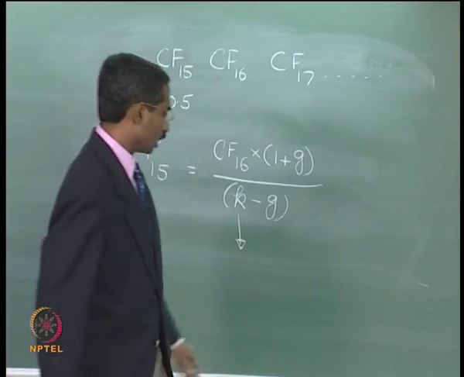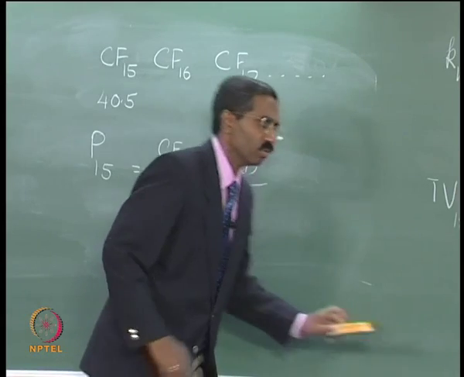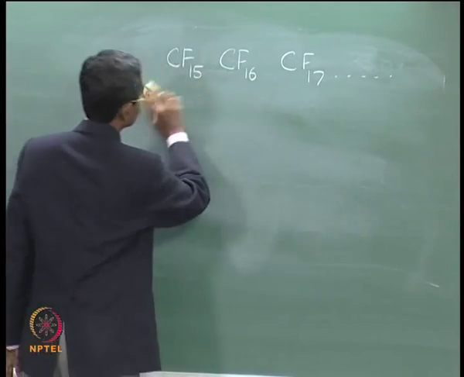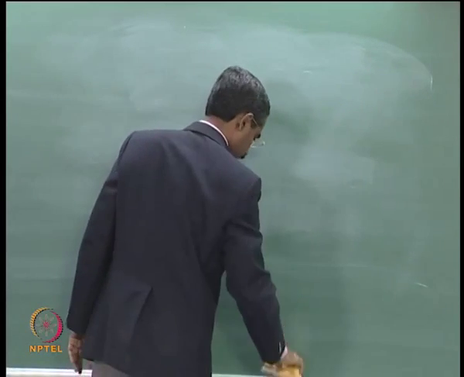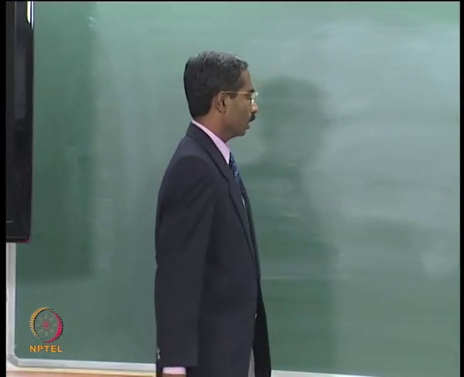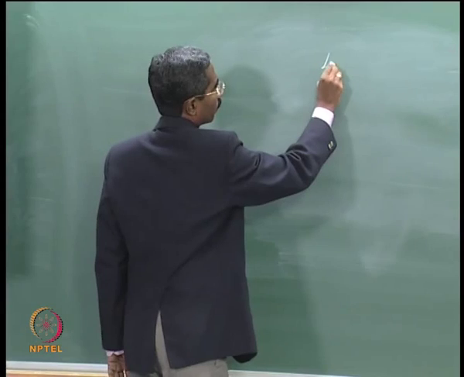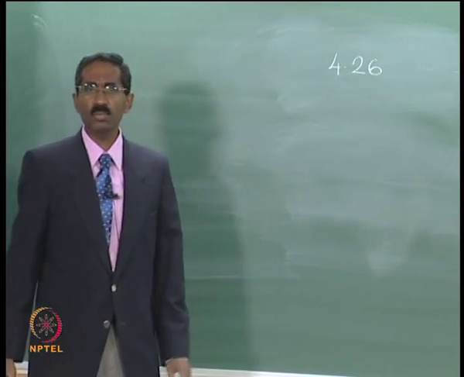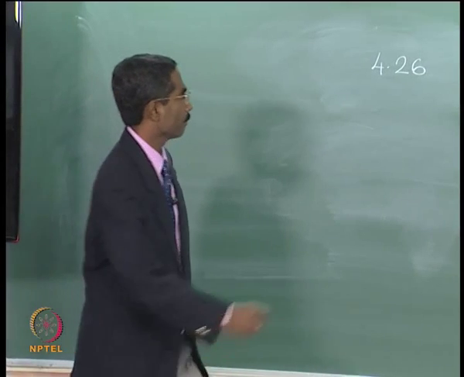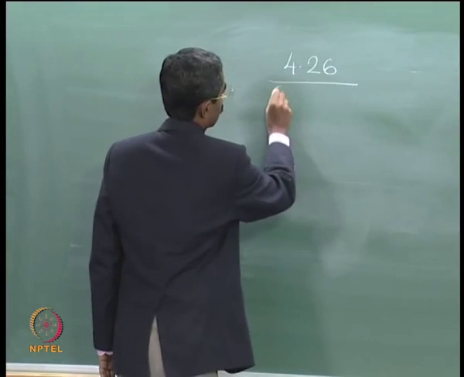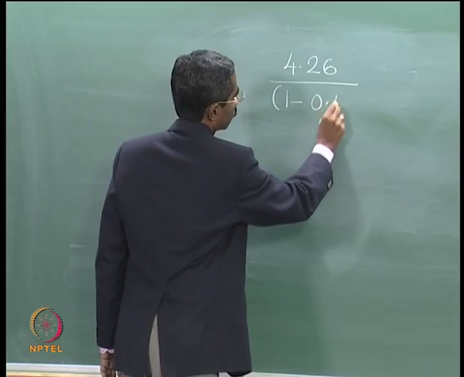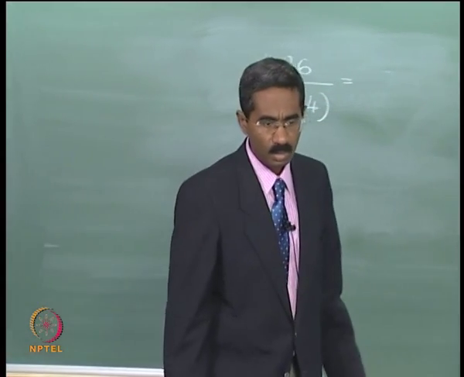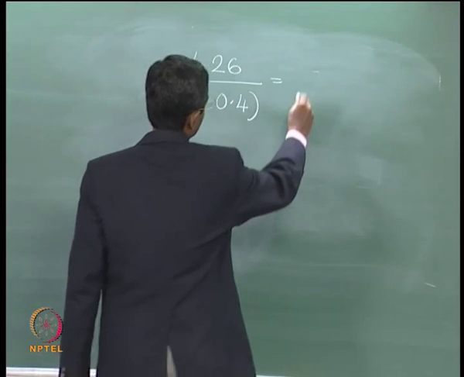So let us consider a tax rate of 40%. For repayment of 4.26 in terms of principal, the firm would have generated 4.26 divided by 1 minus 40% tax, which equals 7.09.